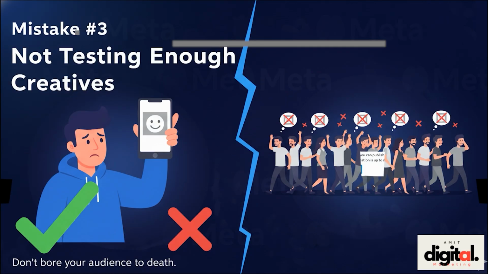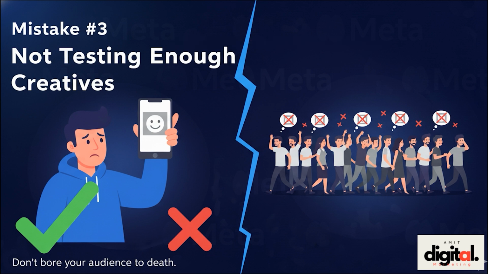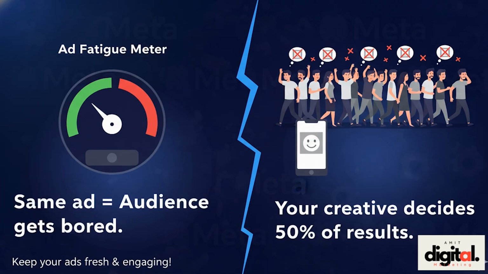This one kills more campaigns than anything else. Most advertisers create 3-4 ad creatives and then keep running the same ones for months and months. But here is the truth. Your creative decides more than half of your result. If people keep seeing the same ad again and again, they will get bored, and this is called ad fatigue.